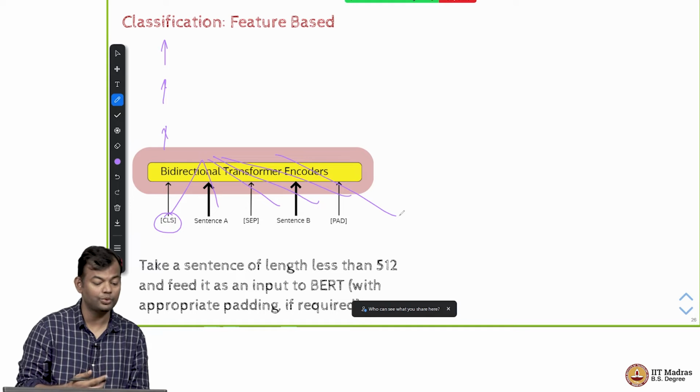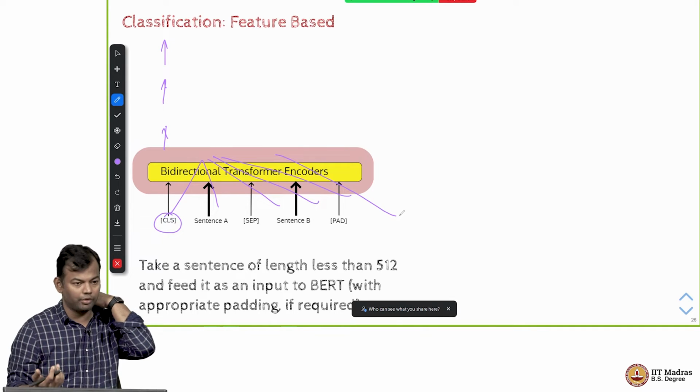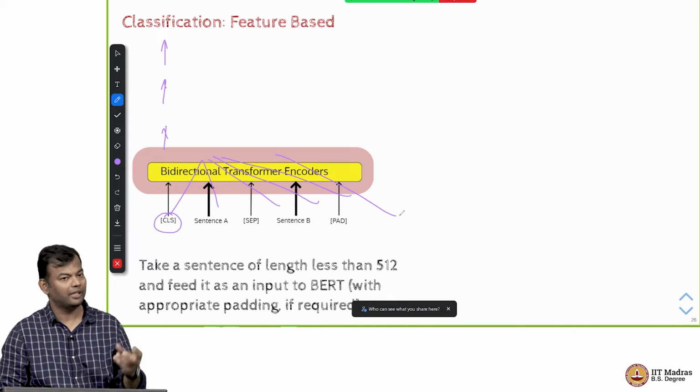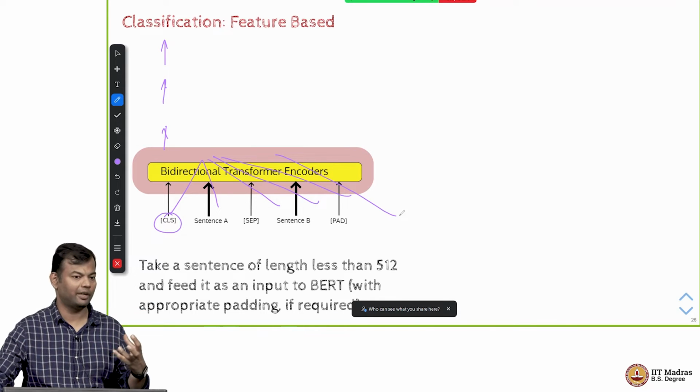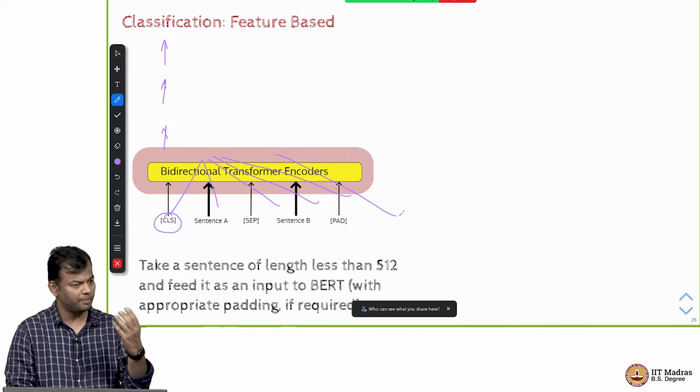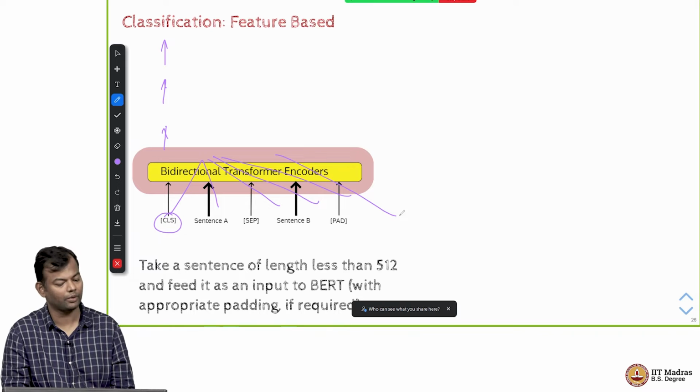And of course when you are using it for downstream tasks, there will be no masks in the sentence. You will not mask out a word from a review and then ask it to predict what the review was. So you can think of this CLS as an aggregator, which is taking input from all the words in the sentence, and it is a special token. On its own it does not have any meaning, it just acts as an aggregator.